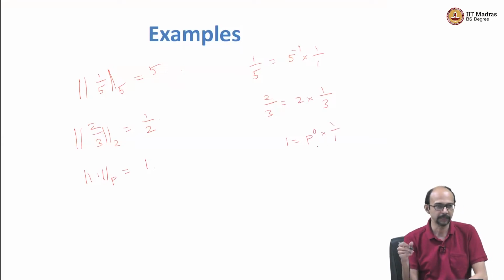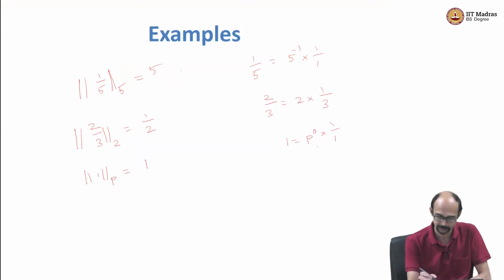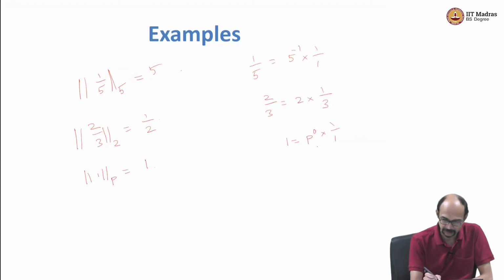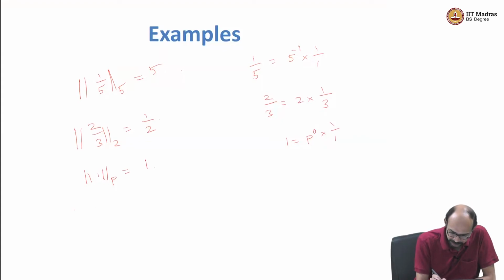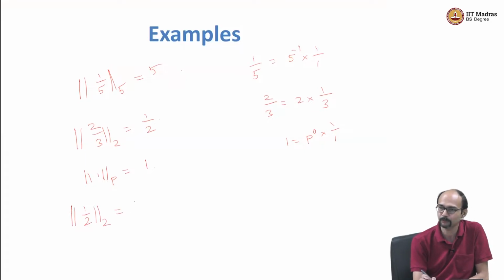So you have p to the power minus 0, which is p to the power 0, which is 1, right. So the norm of 1 is 1, and maybe two or three other norms that will be useful as we go ahead. So what is the norm of half with respect to 2? This is similar to 1 by 5 with respect to 5, that's 2.